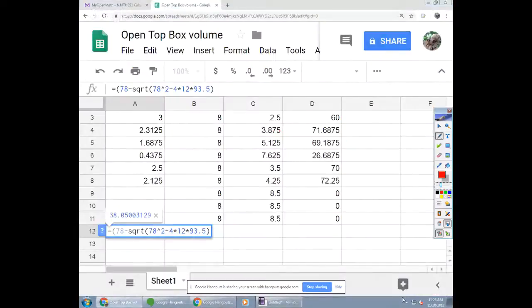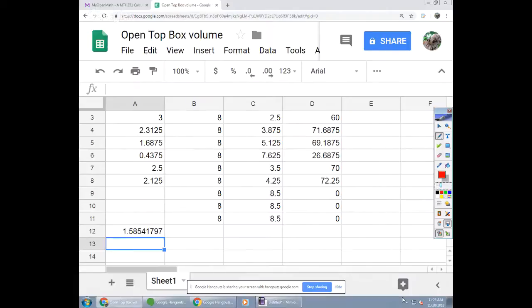Okay, that's inside the root. That's the numerator. Divide by 24. And I get 1.585. Yes.